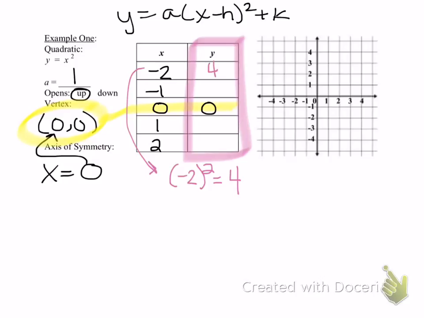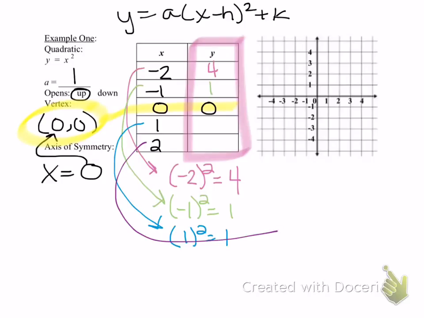The next one we're doing is negative 1. Well, negative 1 squared gets you 1. The next one that we're doing is positive 1. 1 squared gets you 1. And then the last one that we're doing is 2. So 2 squared gives you 4. So this is 4, and then this one is 1.